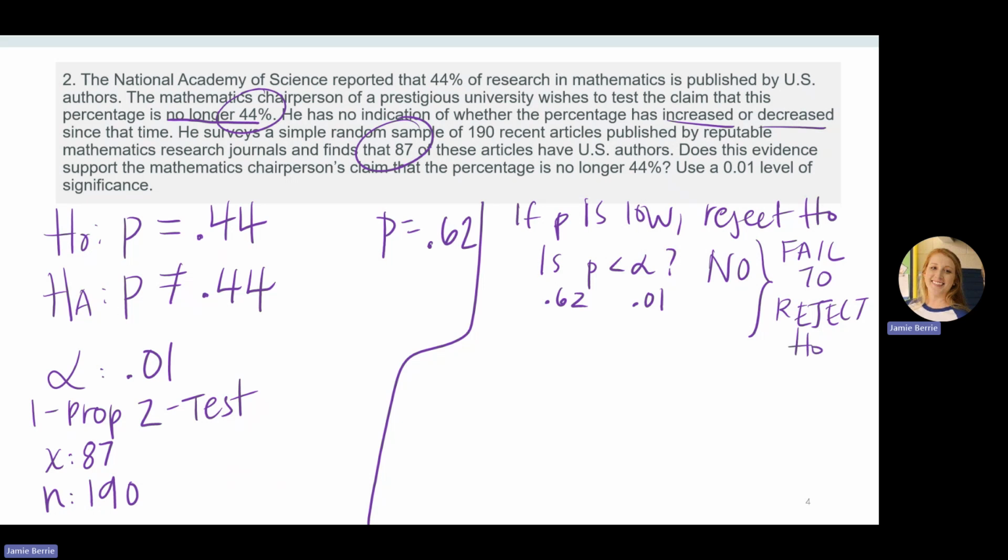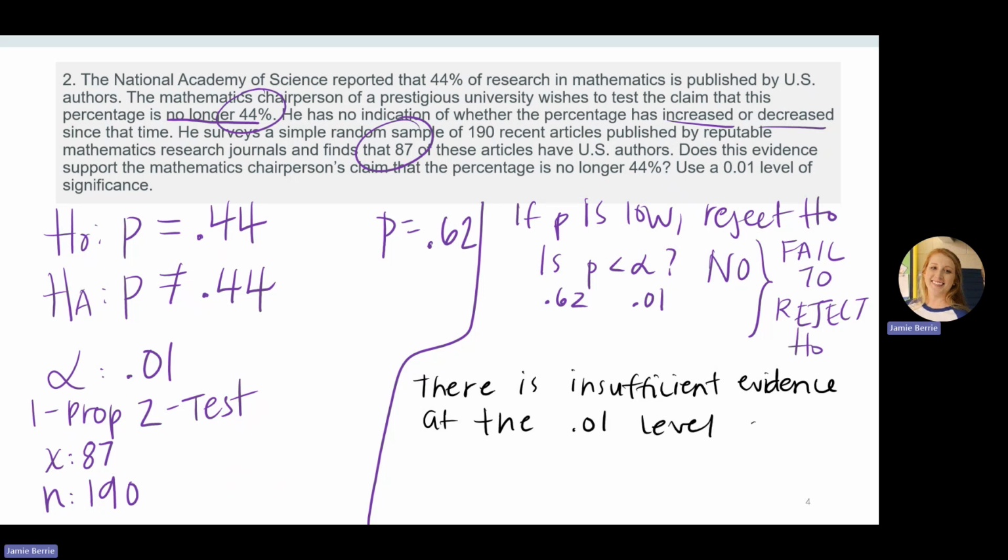All right, so let's write our sentence. Remember, when we fail to reject, we say there is insufficient evidence. And then you got to put the level of significance. So at the 0.01 level of significance to suggest that, and then we restate the alternative hypothesis.